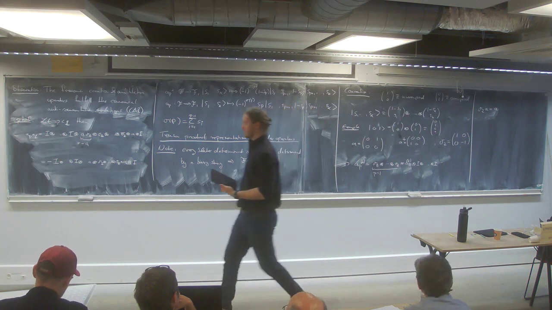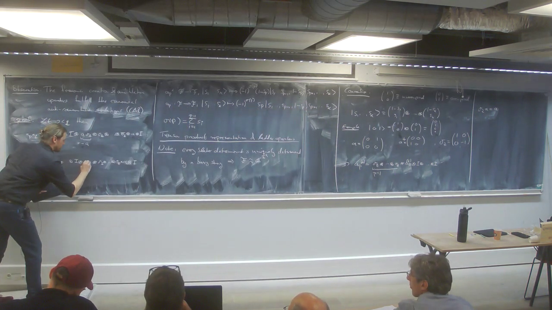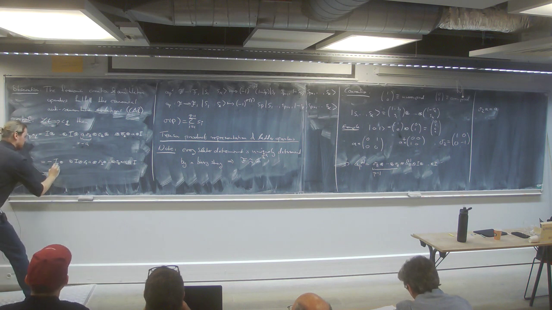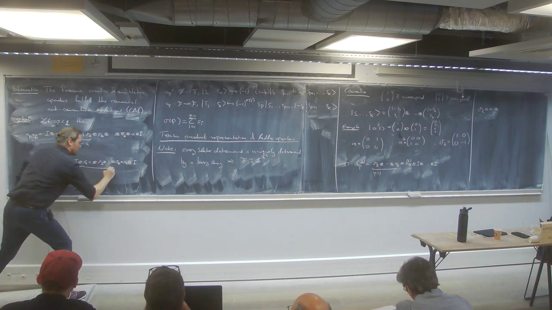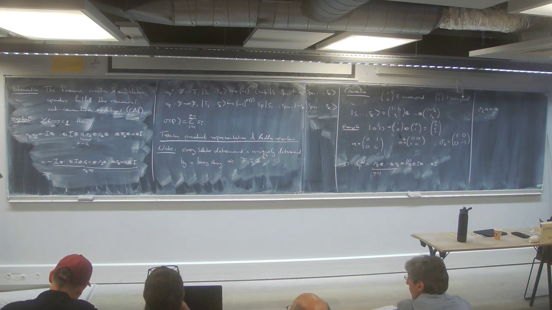So without any harm, I can sneak in the Pauli Z here. Okay, and then I see that what I've just written down here, this term is equal to AQAP.